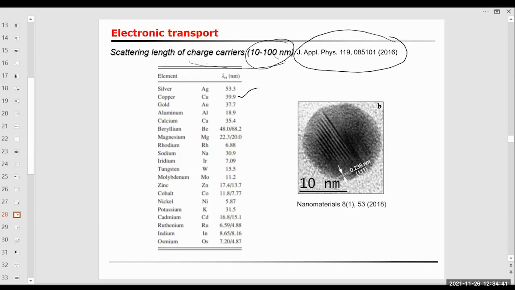Here you see a gold particle of about 10 to 15 nanometers. For gold, the electron scattering length is 37.7 nanometers. Here the diameter of the particle is 10 nanometers. A gold particle is made up of gold atoms, and the electrons are there along with the nucleus.